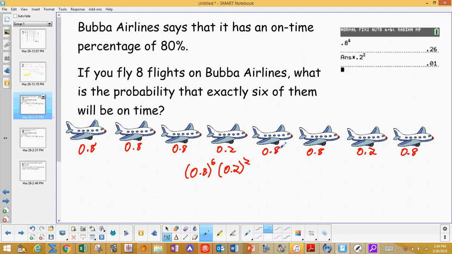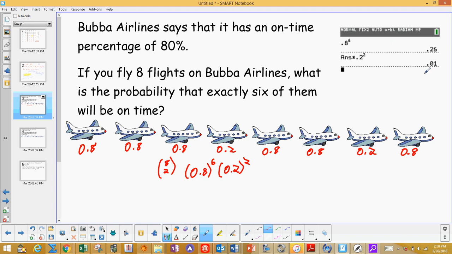So the question is, how many different ways can this configuration of 6 on time and 2 late happen? If you think about it, it's really just how many ways can I choose 2 of these planes out of the 8? So it's going to be 8 choose 2. That's how many ways this can happen.